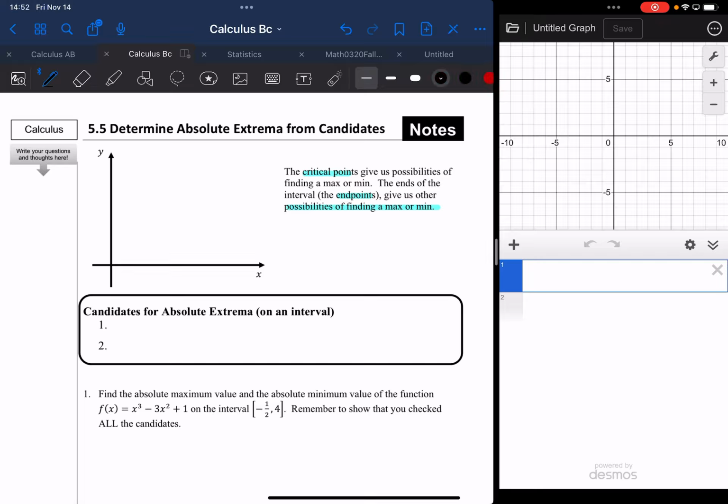So what that means is I'm going to draw a graph. Each of the points on the end of an interval that will be given to us are our endpoints.